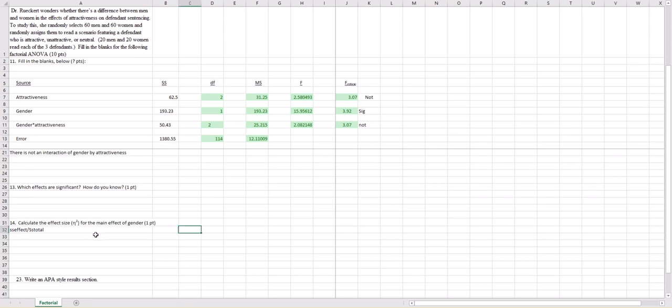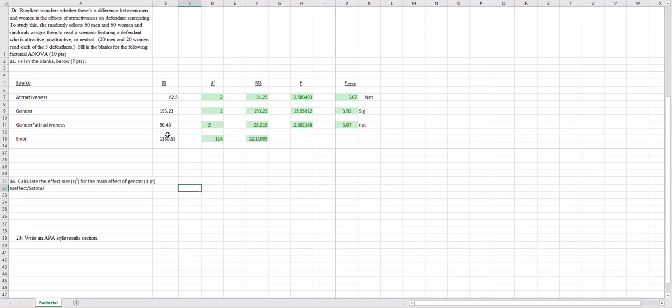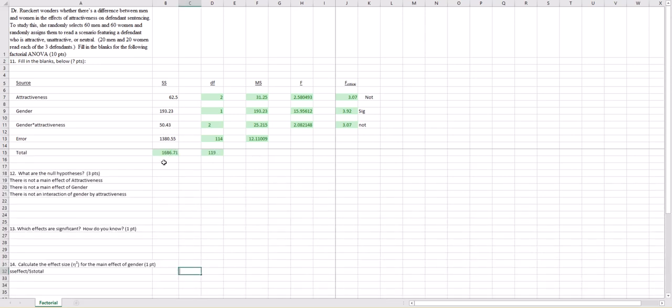So in this case, it's going to be 193.23 divided by 1,686. So we end up with roughly 11.5%.